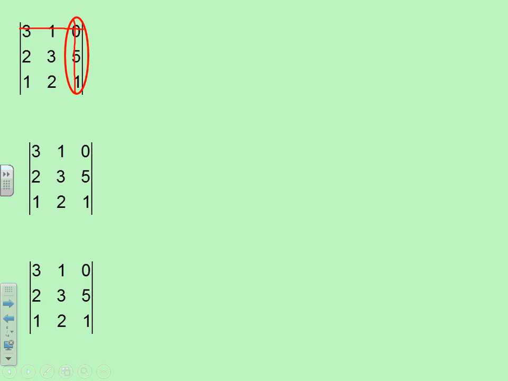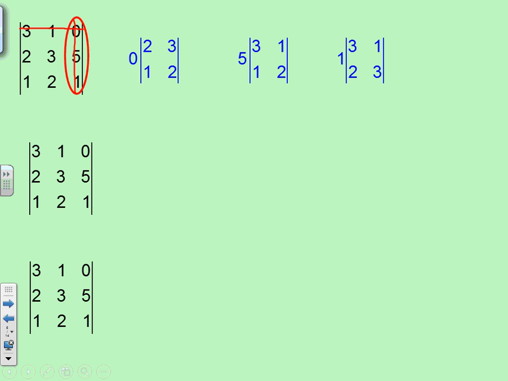And I would do that for each number in the column, and if I do, I wind up with this. Now again, let me put it right here as a reminder. The array of positives and negatives is what tells me what sign to put in front of the 0, the 5, and the 1 when I actually do my addition at some point.